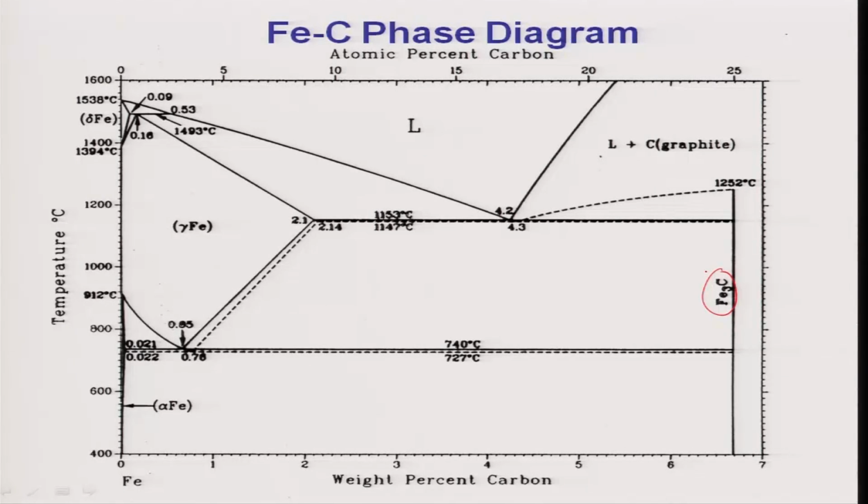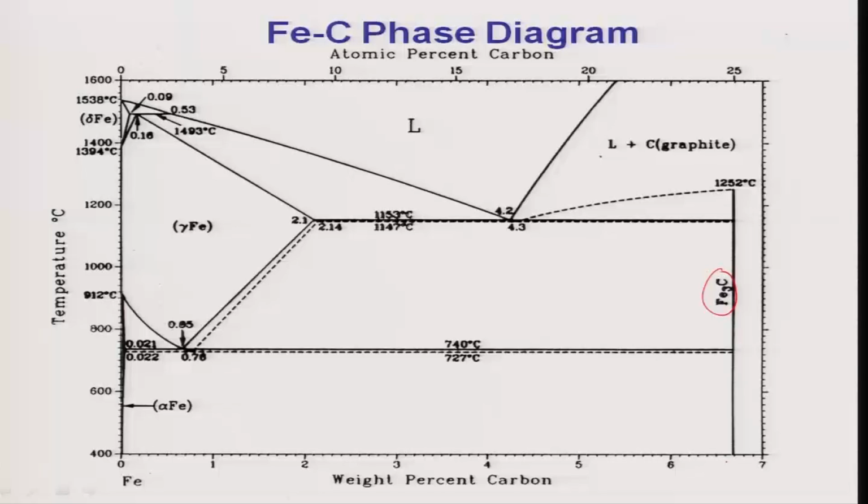Those of you who are quite clever have already understood, and others will also understand after today's lecture, that steels are basically alloys of iron and iron carbide. So the equilibrium which is important for steel is between iron and iron carbide. The carbon concentration in Fe3C is 6.67% carbon.